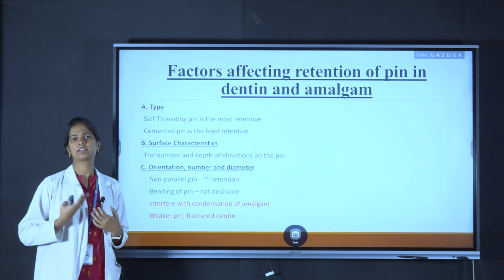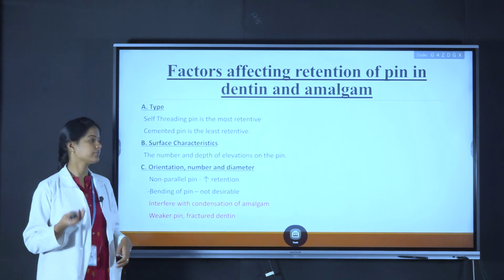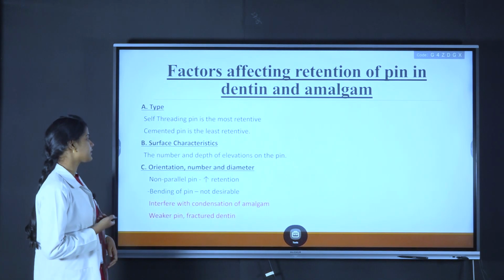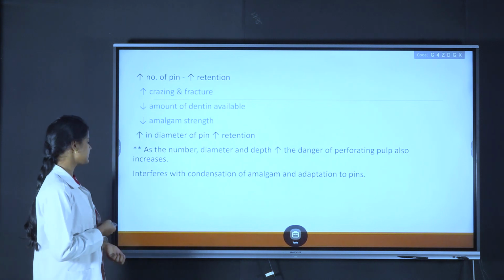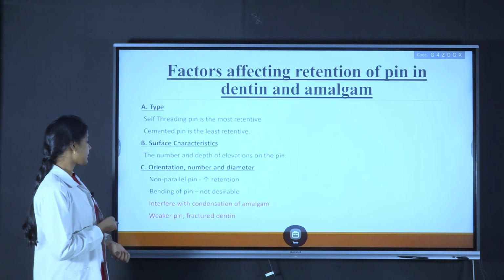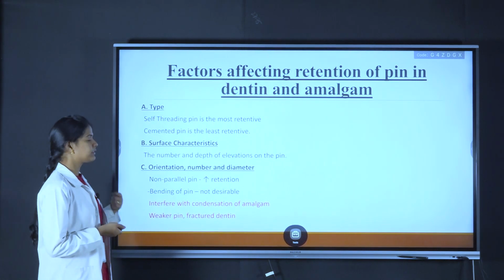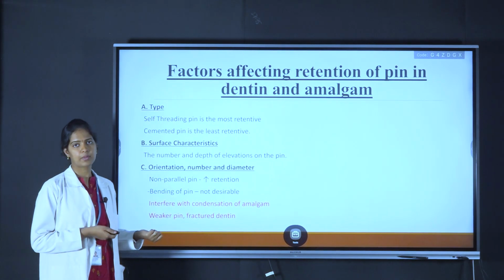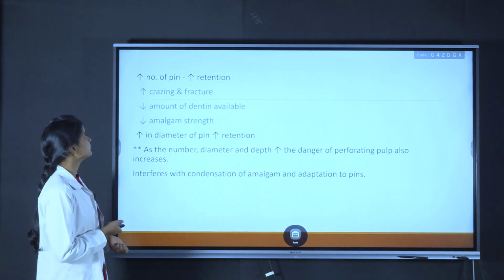The more the number and the depth, the more the retention, but the amount of internal stresses is also comparatively more. And coming to the orientation, number and diameter, more retention is there with the non-parallel pins, and bending of the pin is usually not desirable because either it interferes with the condensation of amalgam or there is a chance of breakage or fracture in the dentine.